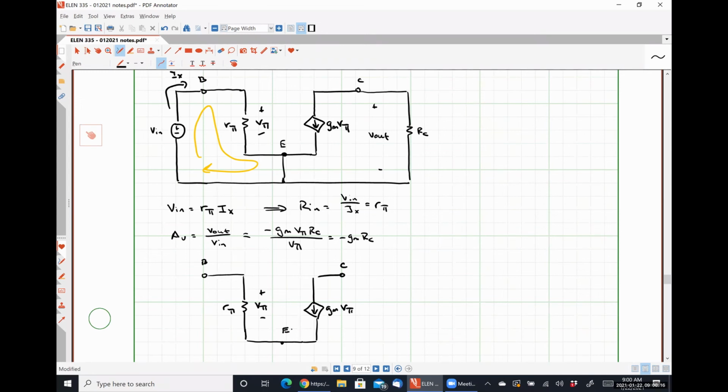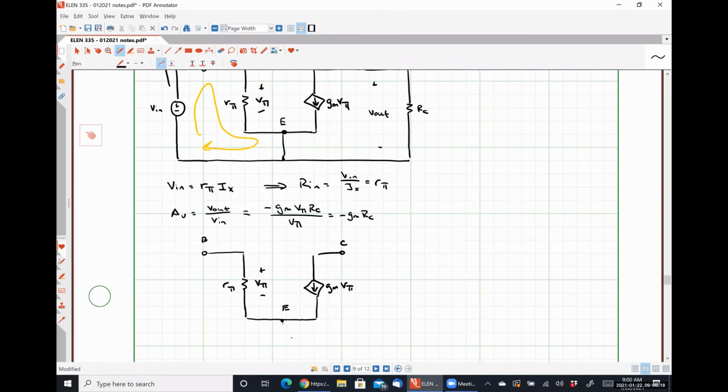So between our collector and ground, we are going to have that resistance RC, because we're trying to determine the output resistance. That means we apply our test voltage Vx across our output terminals. So with respect to ground, here is our current Ix.